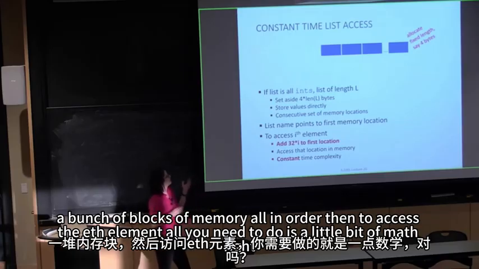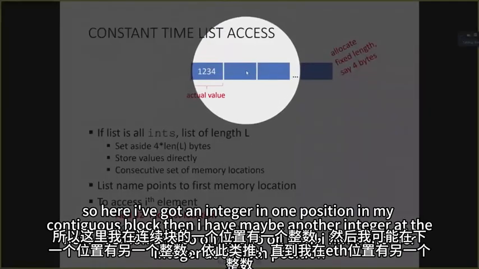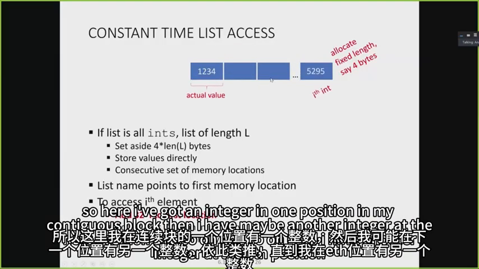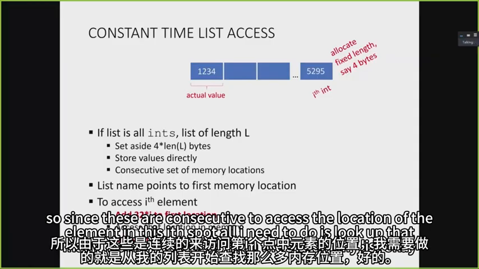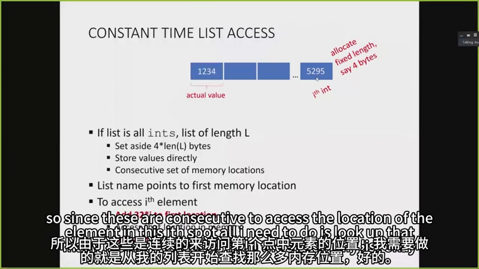to access the ith element, all you need to do is a little bit of math. Here I've got an integer in one position in my contiguous block. Then I have maybe another integer at the next position, and so on until I have another integer at the ith position. Since these are consecutive, to access the location of the element in this ith spot, all I need to do is look up that many memory locations from the start of my list.